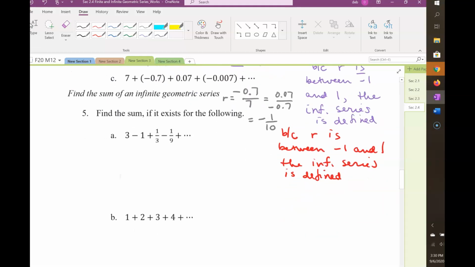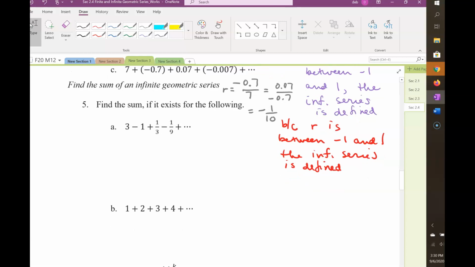Okay, so let's look at these next couple problems and see if we have an r. So I have -1 over 3, 1/3 over -1. Yeah, it looks like these are all equal. So I have r equals -1/3.